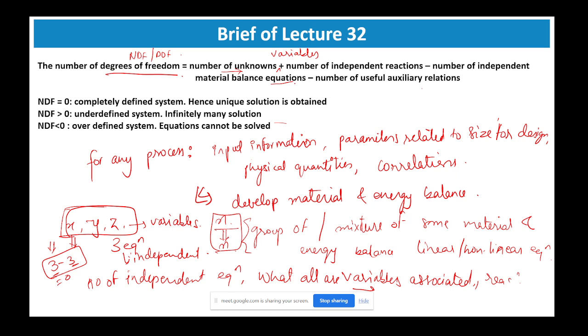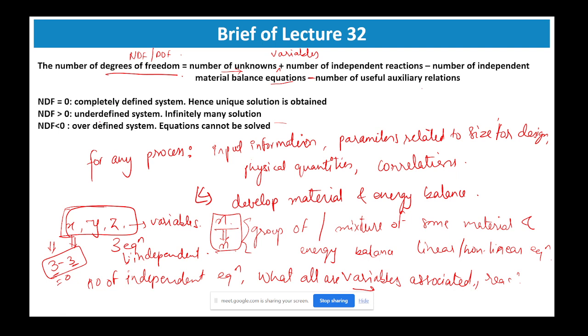By correlating that many variables, you will be able to get a certain amount of data from those equations. You also subtract some additional auxiliary relations that will be useful, because from those also you will be able to calculate certain variables or data.